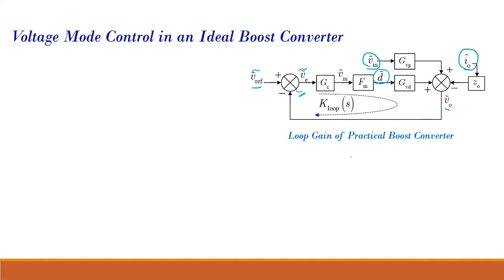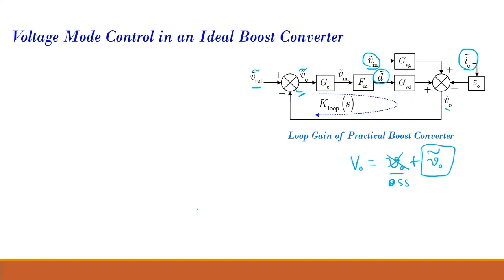So V output will consist of a fixed steady state V output plus V output perturbed, and similarly for each of these. In this block diagram, we are just considering these perturbed quantities, not the steady state quantities. So I will be using the block diagram to find out the loop.